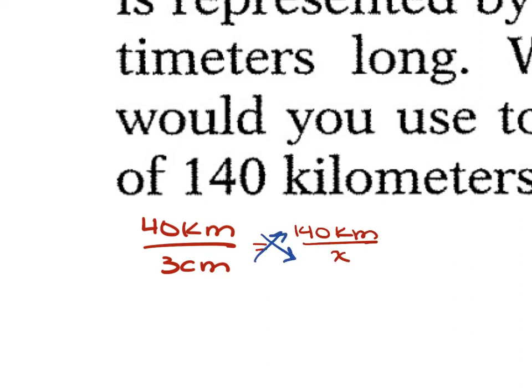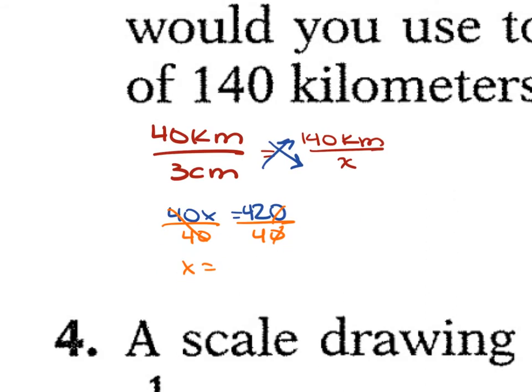So we're going to cross multiply. So we're going to get 40x is equal to 3 times 140, which is 420. We divide each side by 40. So x is equal to 42 divided by 4, which gives us 10.5 centimeters.